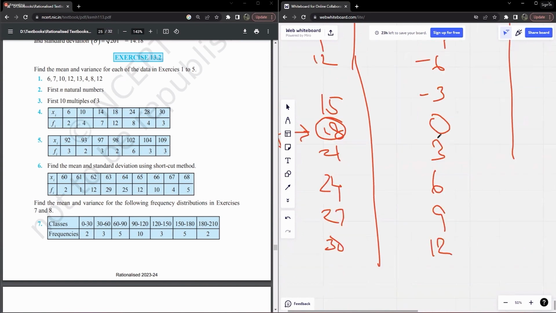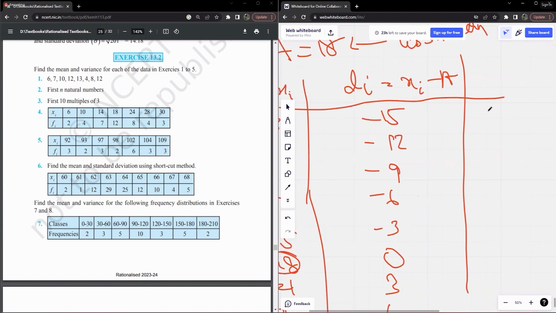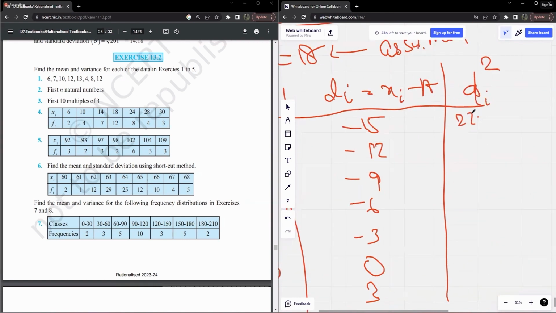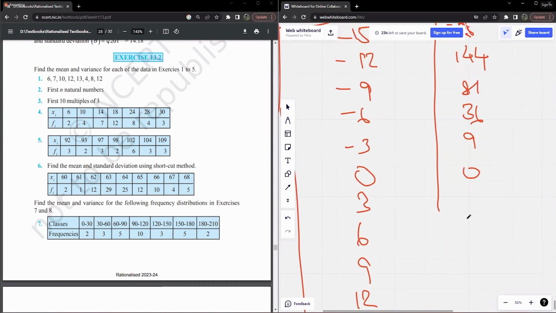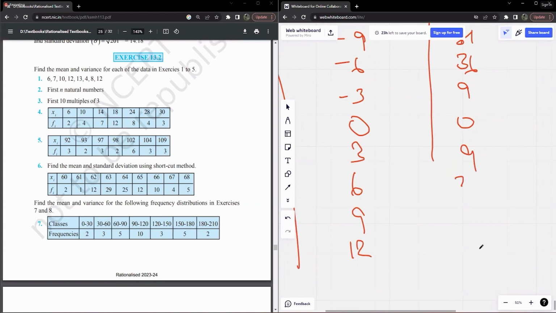So finally, you have di the whole square. It's going to then be 225, then this is going to be 144. This is 81. This is 36. This is 9. This is 0. And then again, this is 9. This is 36. This is 81. And this is 144.